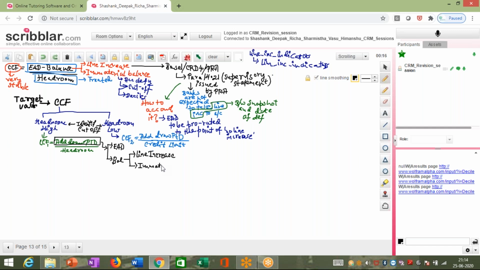So we have line increase and we have the immaterial balances.